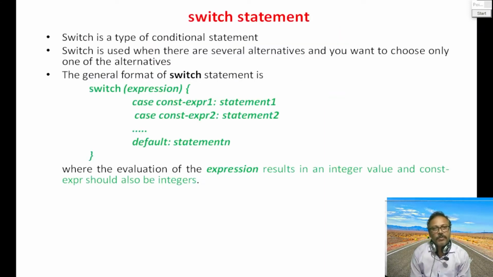The general format is like this: switch expression, case constant expression statement 1, case constant expression statement 2, default statement n. The evaluation of the expression should result in an integer value.